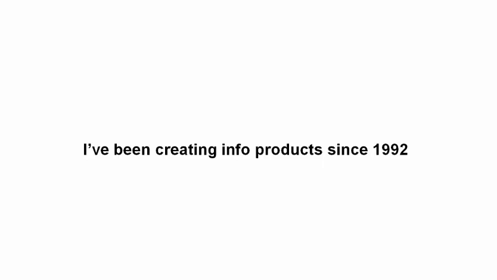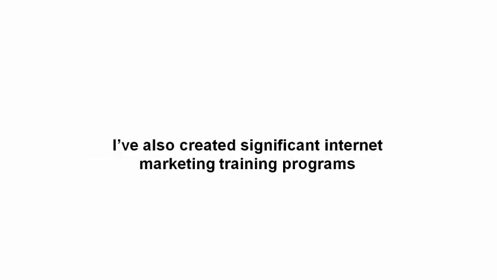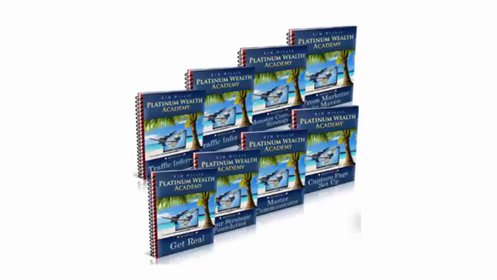More recently, I've developed my own digital products, internet marketing training programs. There's one of them. Now, this is a major program. It's called the Platinum Wealth Academy, and it consists of 8 modules: marketing oriented, marketing related modules. And there's about 18 to 20 hours of content there. Nearly killed me to create that one as well. That was a major endeavor.